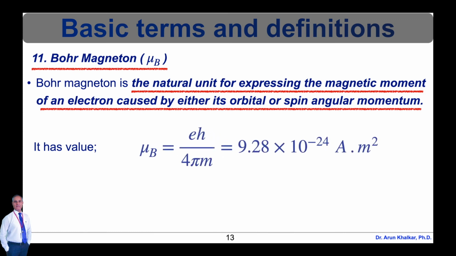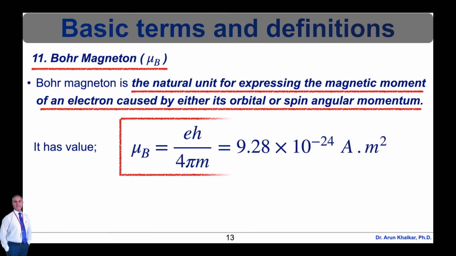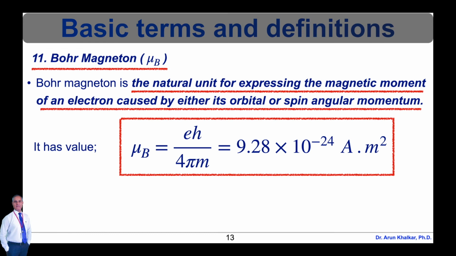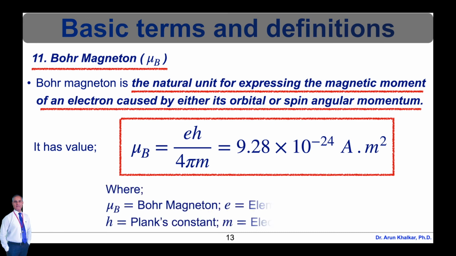It has value mu B is equal to eh upon 4 pi m, that is equal to 9.28 into 10 raised to minus 24 ampere meter square, where mu B is Bohr magneton, small e is elementary charge, small h is Planck's constant, and small m is electron rest mass. So this is Bohr magneton.